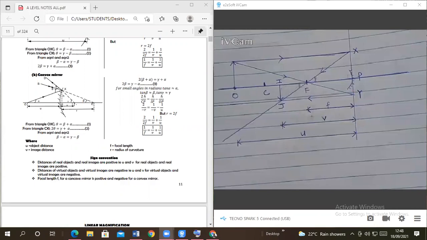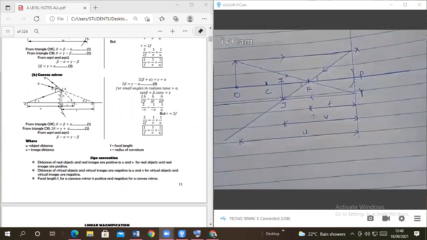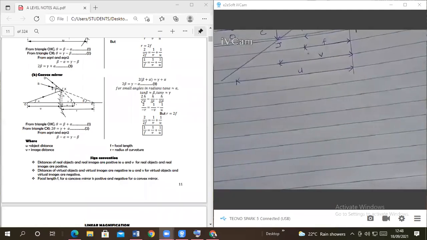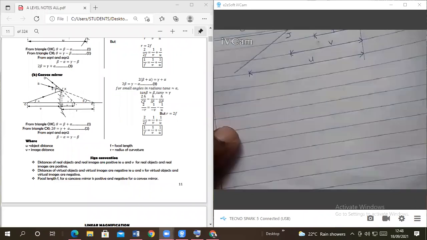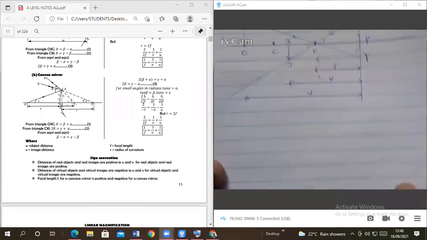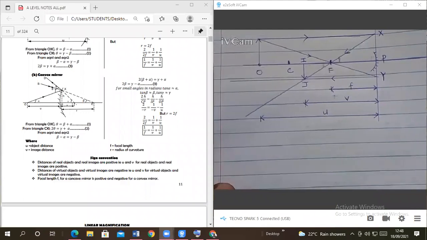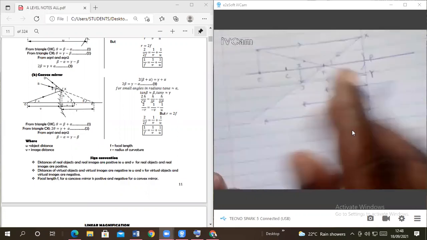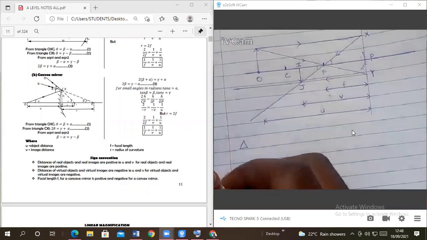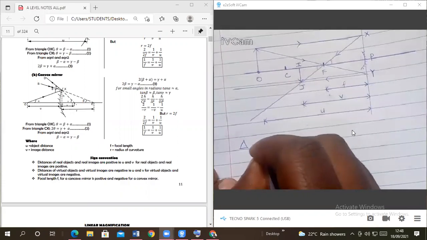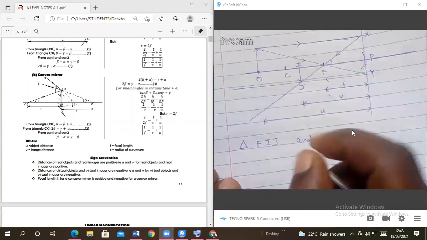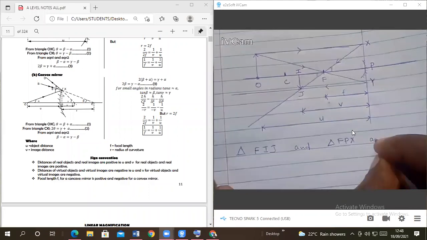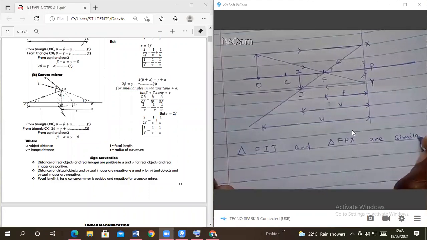So we shall say triangle FIJ and triangle FPX are similar.